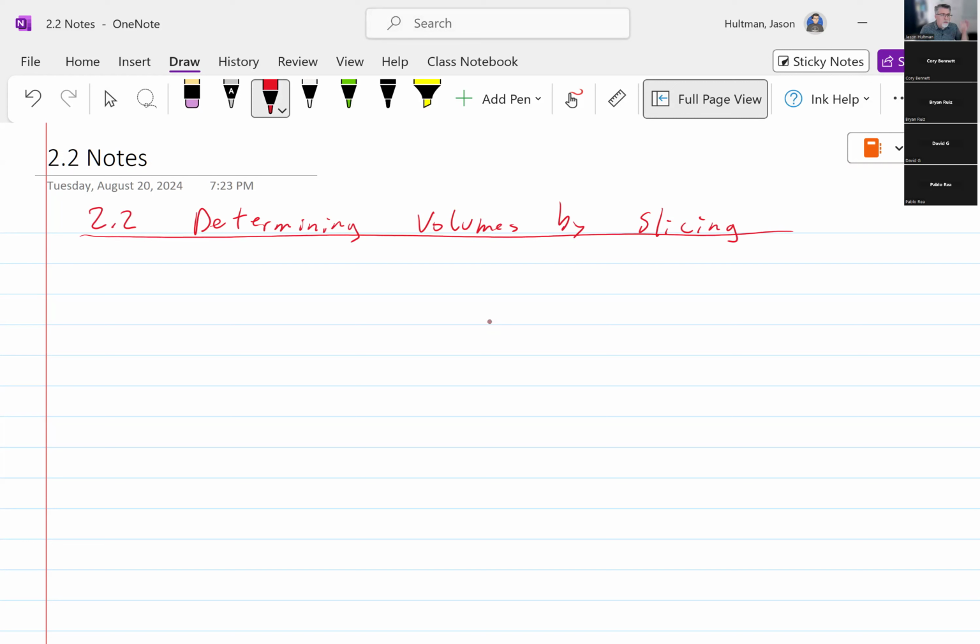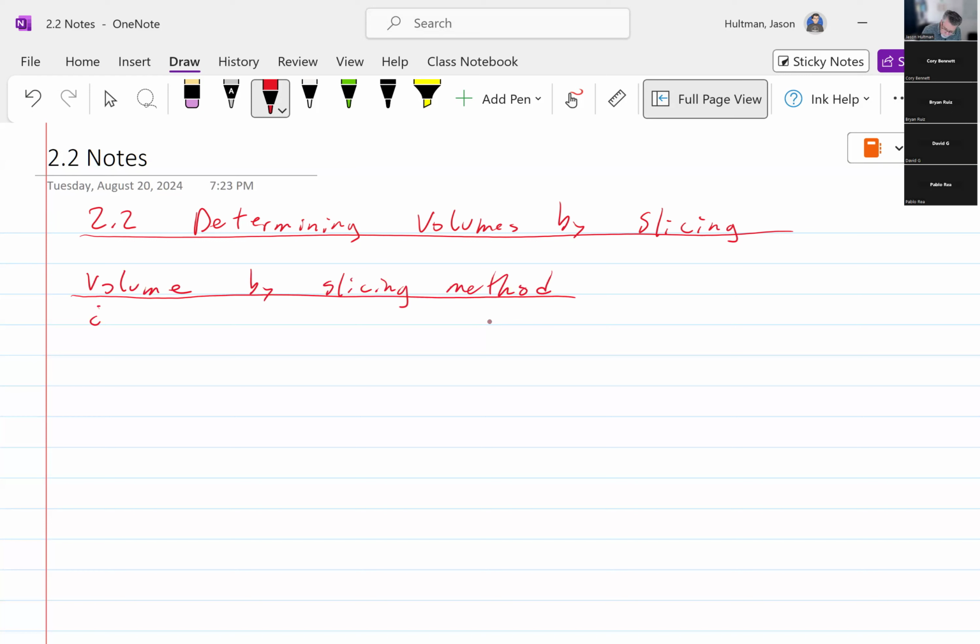So we're going to think of a volume as infinitely many little slices, and those slices are just changing in size. So, volume by slicing method. Then we're going to sum up all those individual infinite slices to make one solid piece.